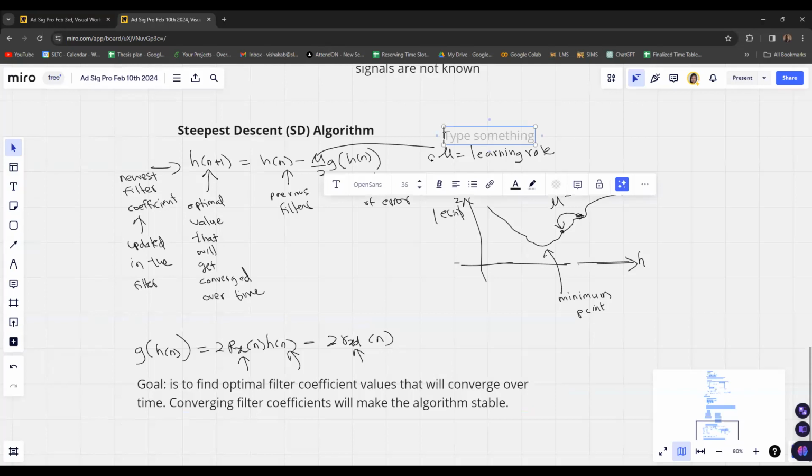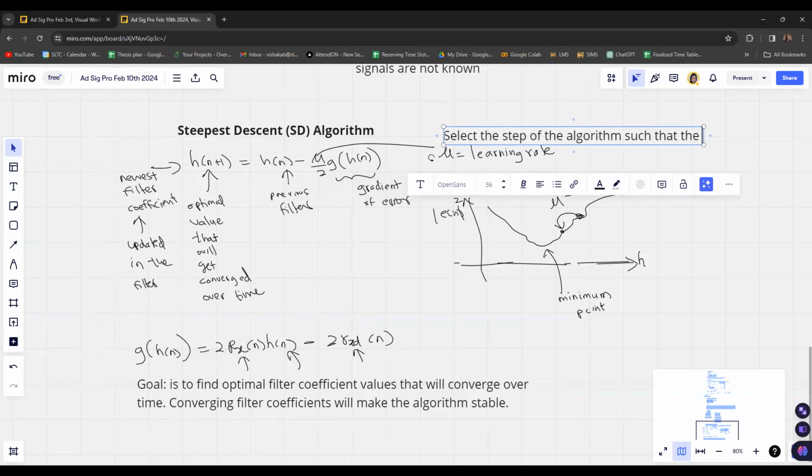So we have to select the learning rate, the step size of the algorithm, as small as possible, and also optimal, such that the process will not miss the minimum point.